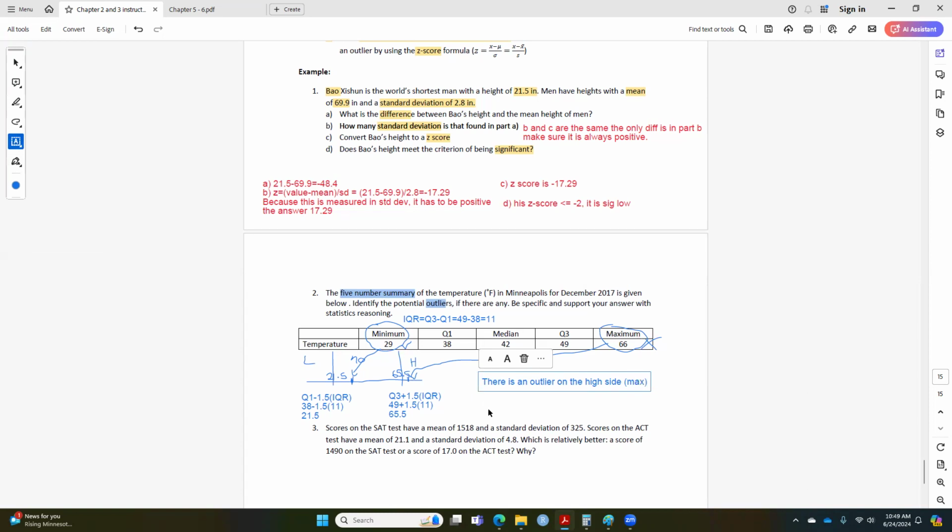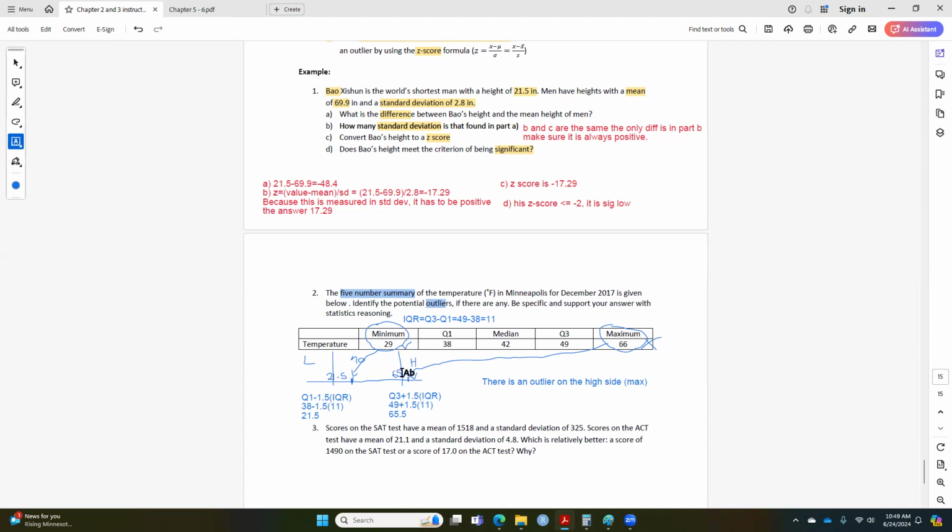Okay, so in order for you to explain this, it's very easy. You just look at your min and max. If your minimum is inside, no outlier. If your maximum is also inside this fence, that means both of them are inside, so no outliers. If your minimum falls outside the lower fence, then the minimum is an outlier.